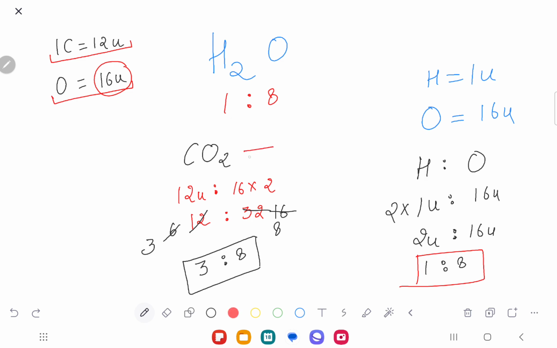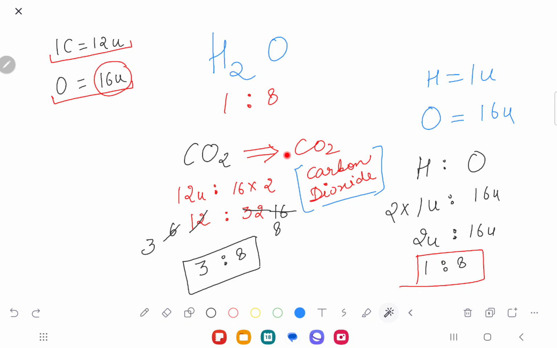So no matter where in the universe you collect CO2, what is CO2? Carbon dioxide. Carbon dioxide produced by burning anything, produced from plants or absorbed by plants, produced by humans.